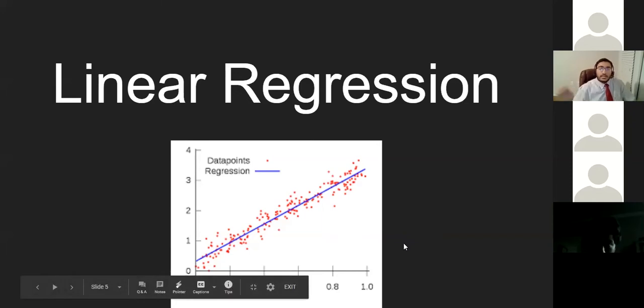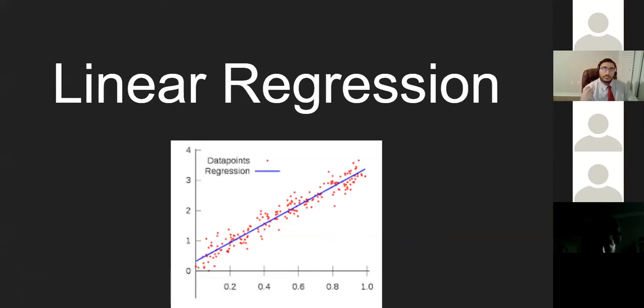This is used a lot, especially with how simple it is, in things like finance. Lots of stuff is very data centric, especially to find trends in certain things that are very simple. Really, if you're trying to do something that isn't necessarily complicated, but it requires a lot of data, more than any human would be able to analyze by hand, this is a great model to use if it's not too complicated.